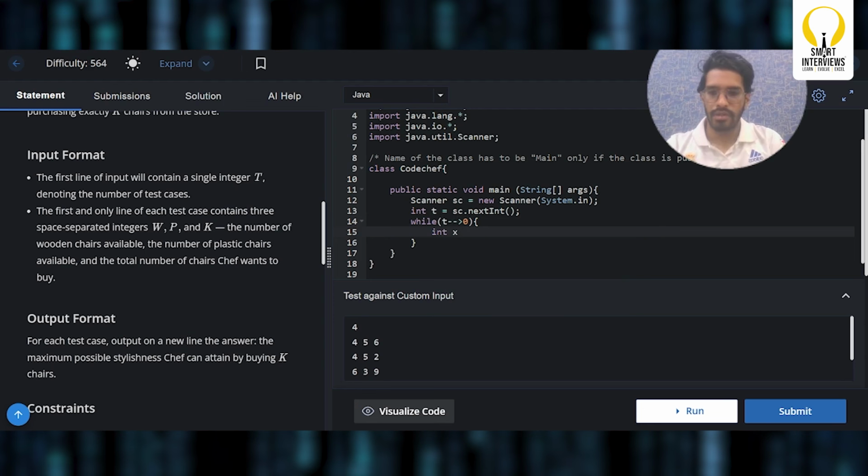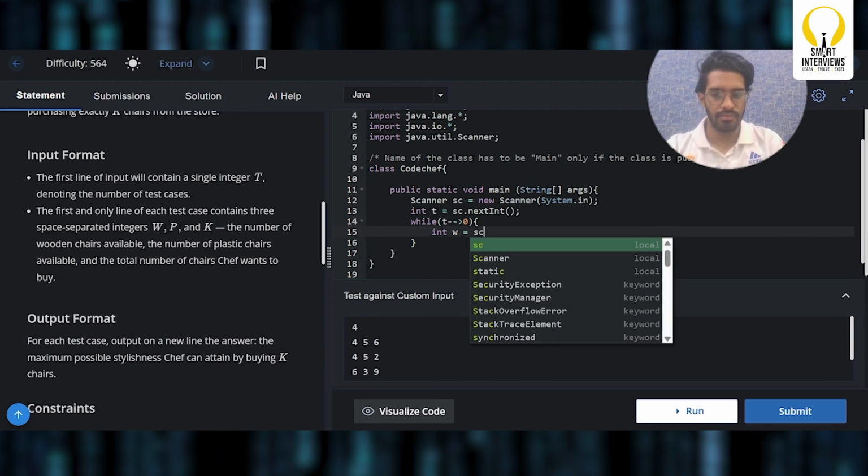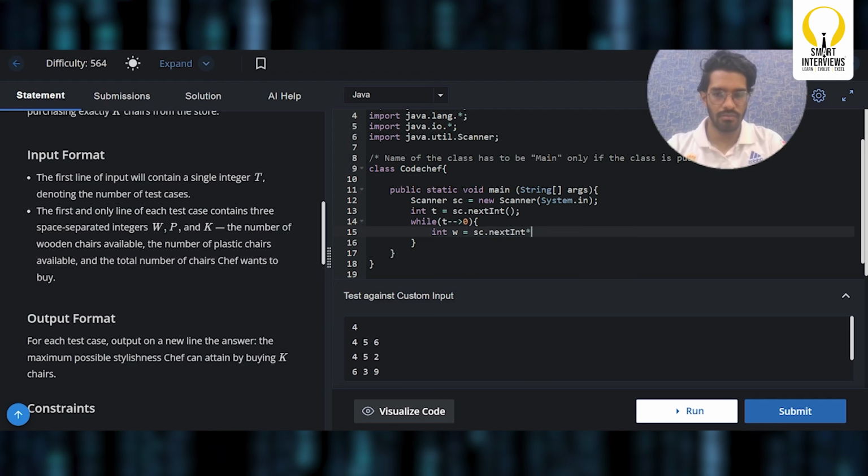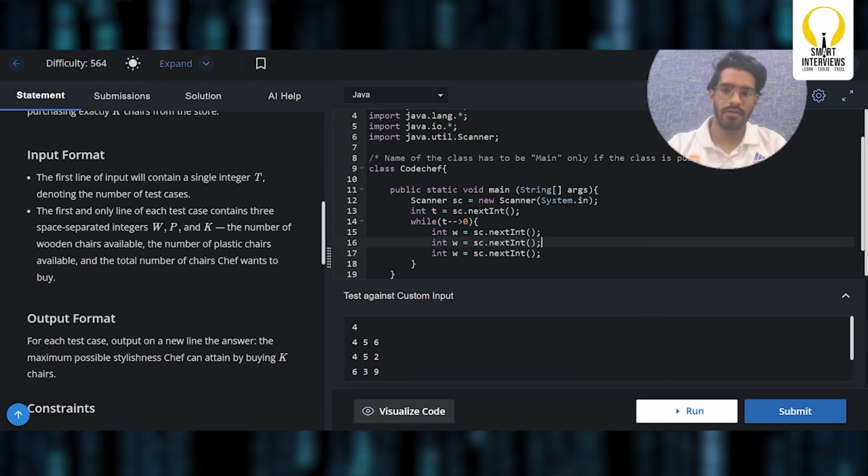Now we have to take 3 inputs. Let's start by taking W, P and K.